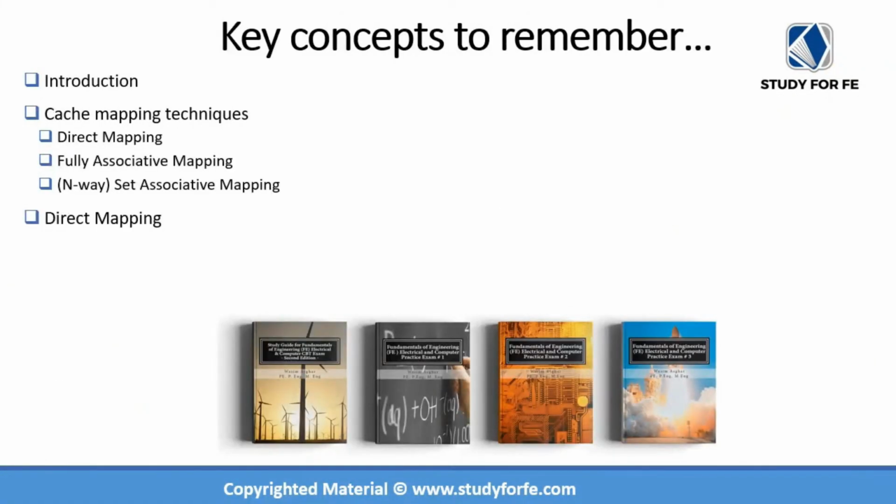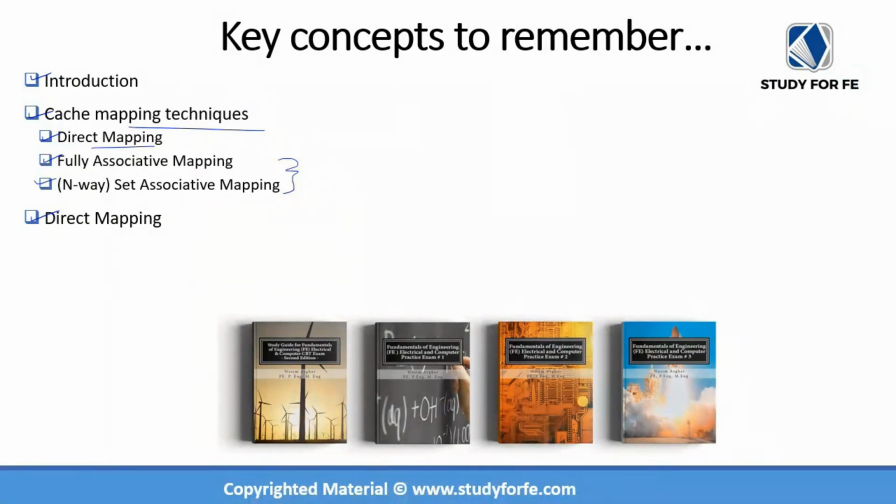So in this lecture, we dug deeper into cache memory. We looked into the cache memory address, we looked into cache memory sizing, and then we finally looked at cache mapping techniques. We briefly mentioned all three techniques, but we took a deep dive into direct mapping, which is the simplest mapping technique. And in the next lectures, we are going to look into fully associative mapping and n-way set associative mapping.